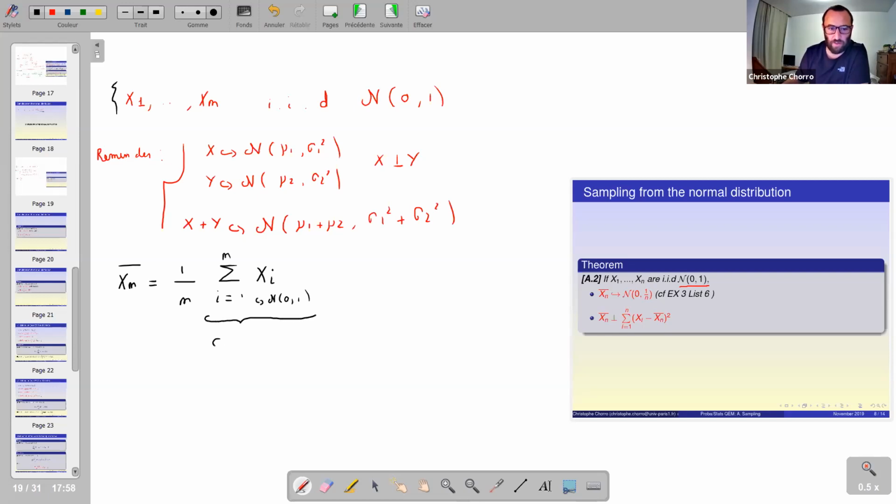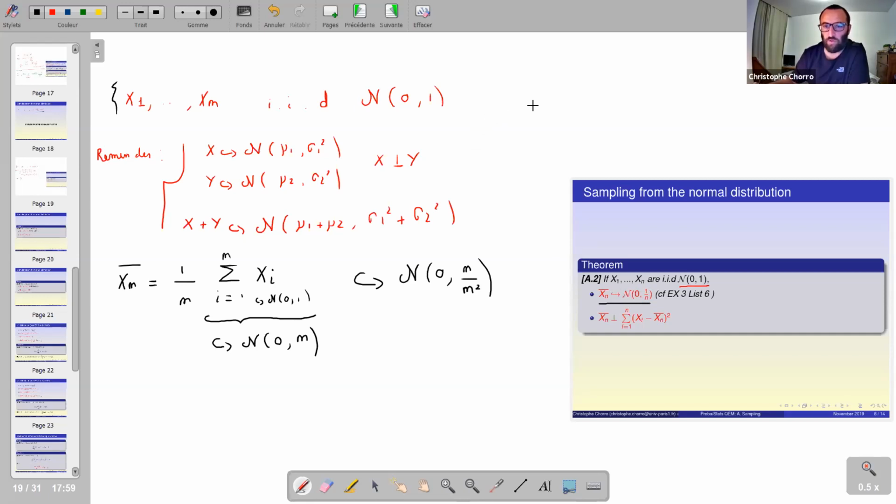This quantity follows the N(0, n), and so this quantity follows the N(0, n over n square), in fact. So that's why I have the result that X n overline follows a N(0, 1 over n).